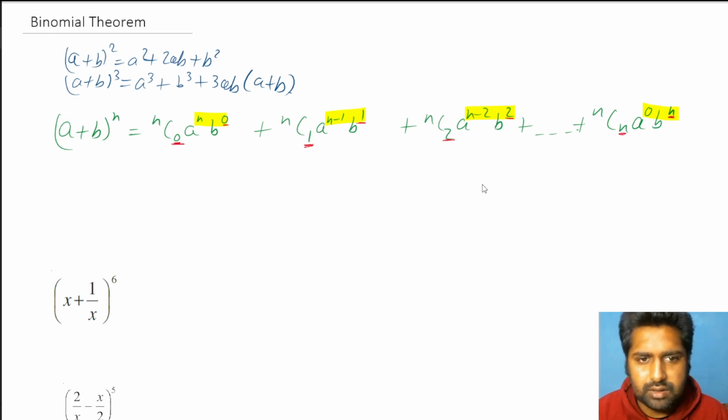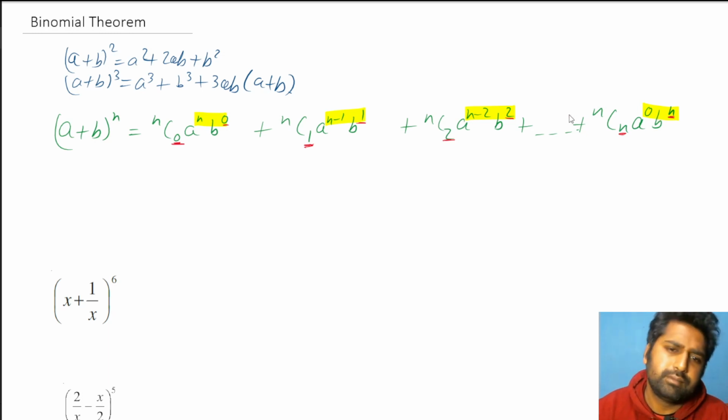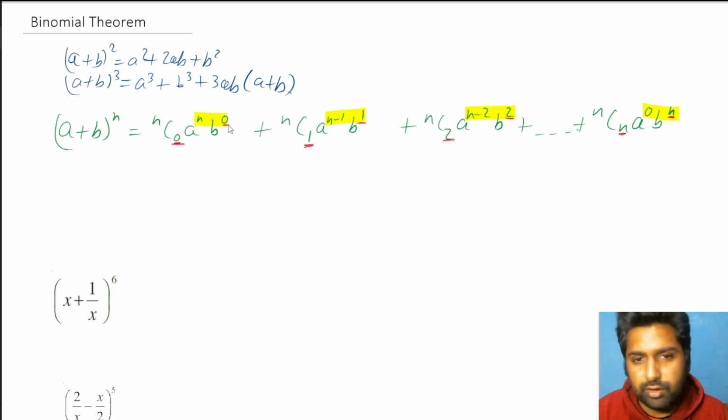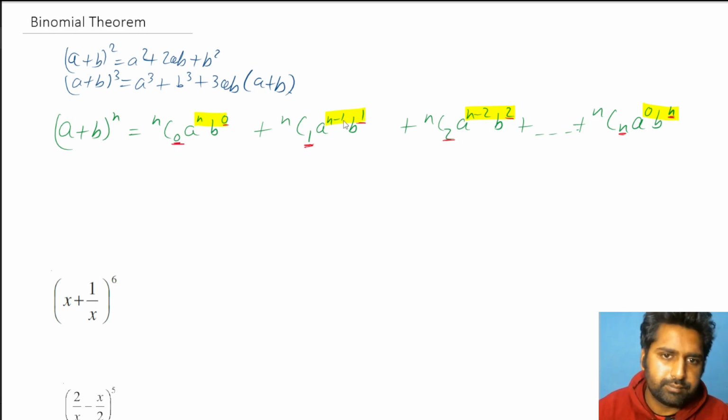It matches with that. And the difference, n minus 0, is the power of a. n minus 1, power of a. n minus 2, power of a. n minus n, 0, power of a. So a lot of pattern is going on. The sum of these is always n. Whatever number is written here is the power of b also.